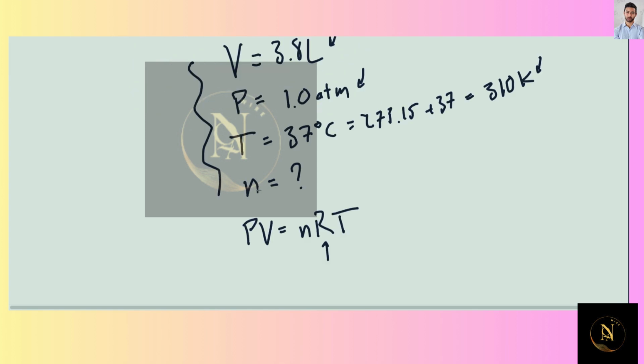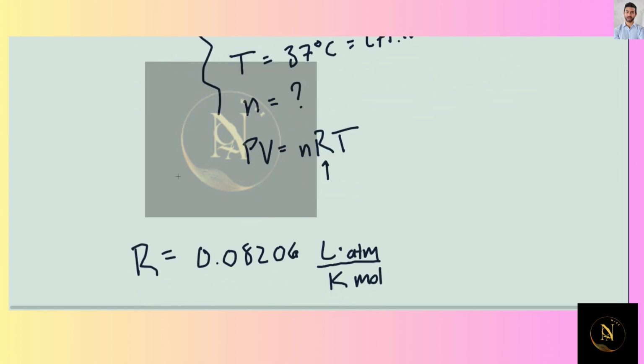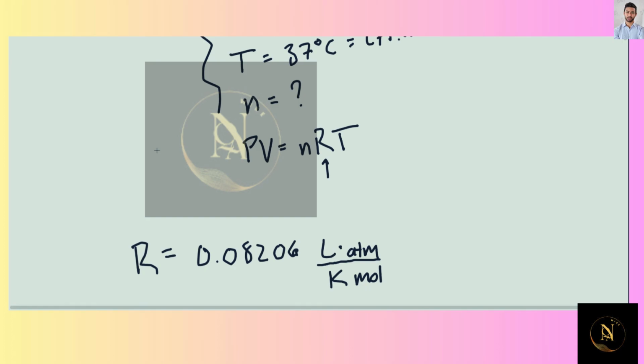So I think we can really just take this equation, PV equals nRT, rearrange it to solve for n, because that's what we want to know, plug in all of our values, and we should be good to go. So what would this look like if we solved it for n? We can divide both sides of the equation by RT. That's just doing algebra.